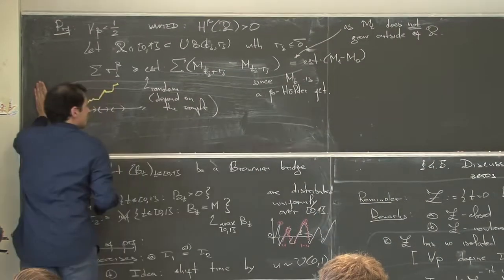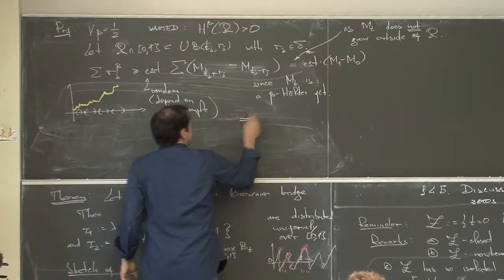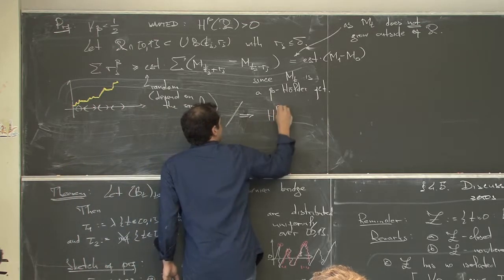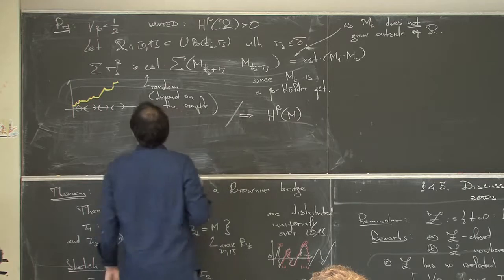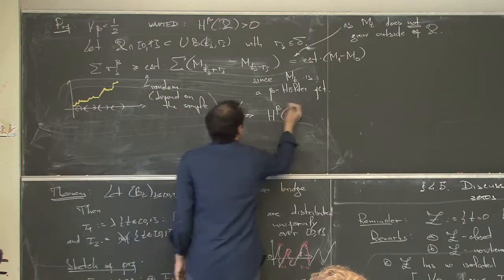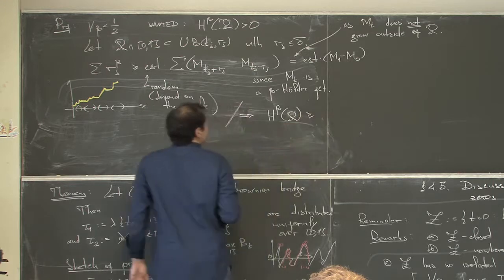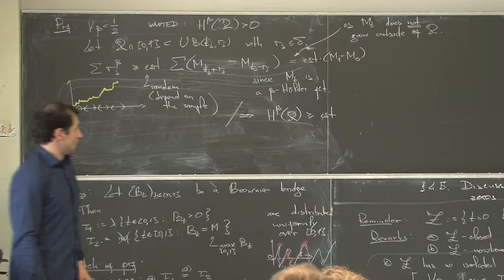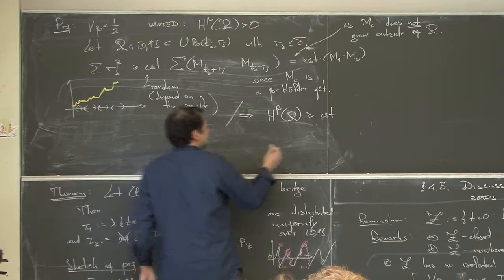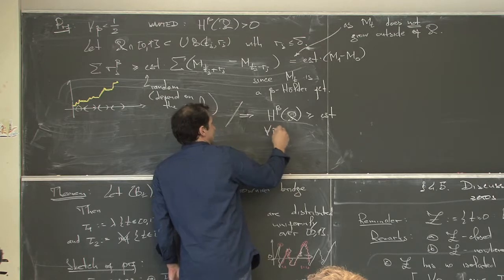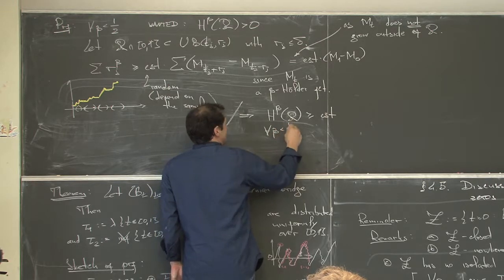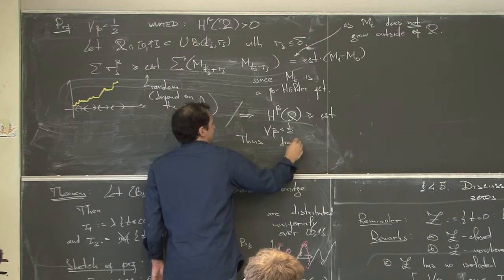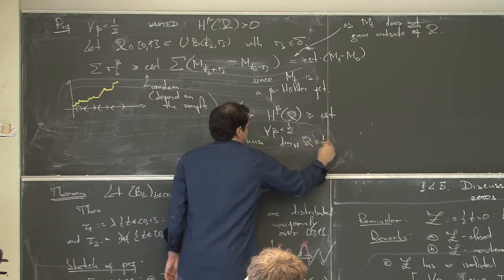Well, we are done, so basically it means that H^beta(M) is H^beta(R) is greater than some constant. And since it happens for any beta less than 1/2, we know the dimension is at least 1/2.